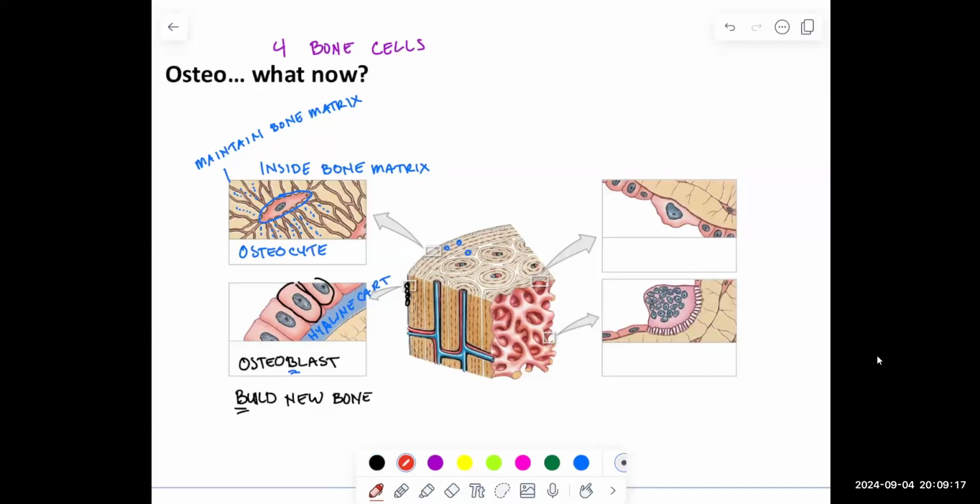This one can be found over here, in the edges. This one can be identified by having many nuclei. You see how that one has a bunch of nuclei inside? This one is an osteoclast.